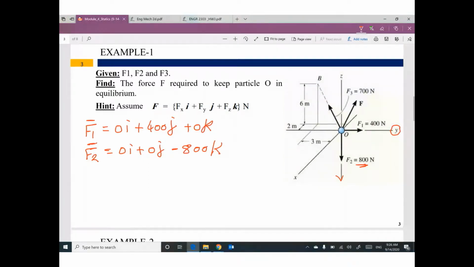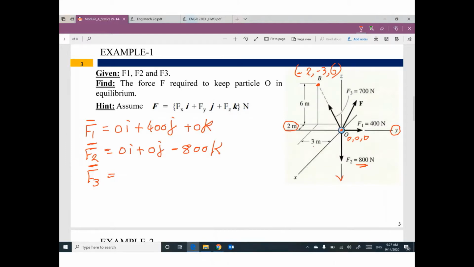For F3, F3 is coming from this point, which is 0, 0, 0, to this point, which is negative 2, negative 3, and 6. Here is the origin. So I go back negative 2 in x, go back negative 3 in y, and go up positive 6.